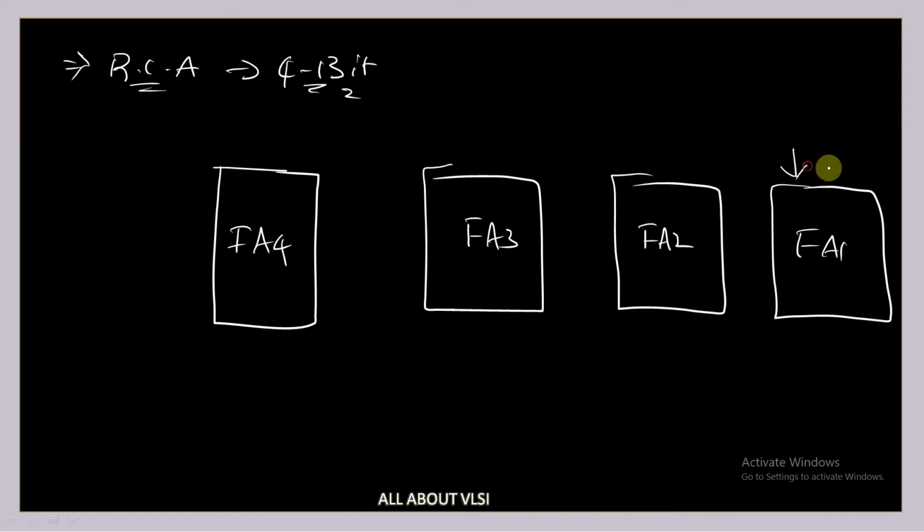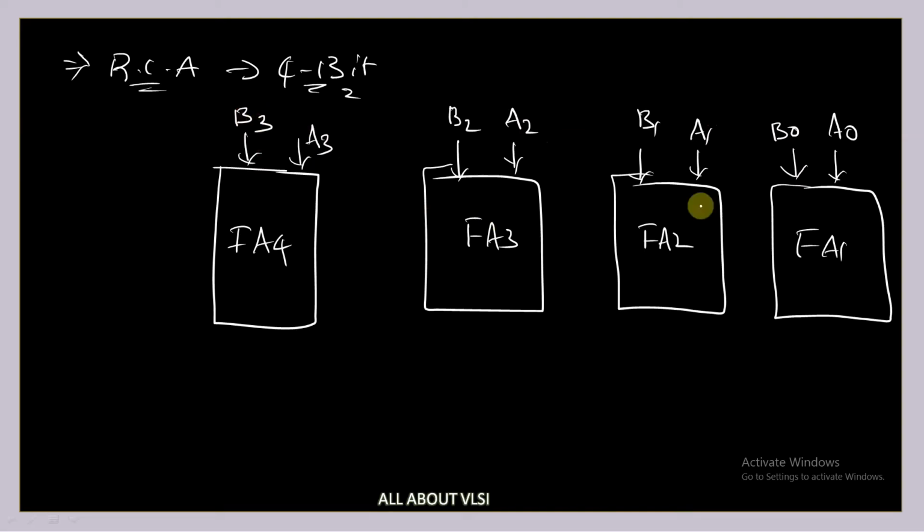I'm going to have my inputs A0 and B0, A1 and B1, A2 and B2, and A3 and B3. I'm going to have my S0, and the C0 is given to FA2.